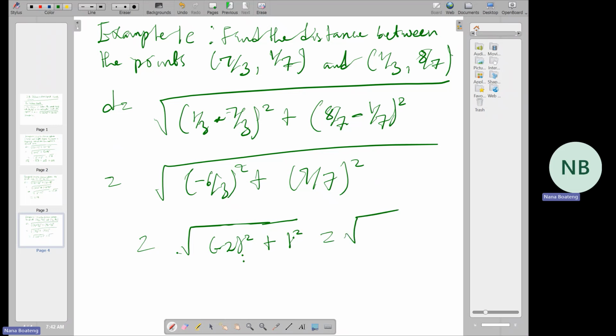Negative 2 squared is 4, plus 1, so this equals the square root of 5, which in decimal form is approximately 2.24. This is how we find the distance between a pair of points.